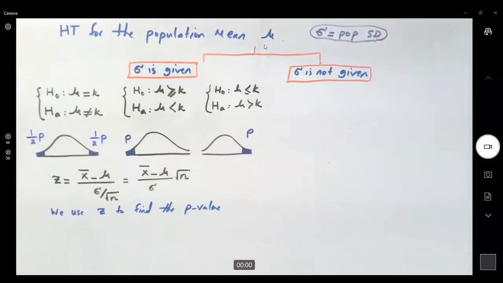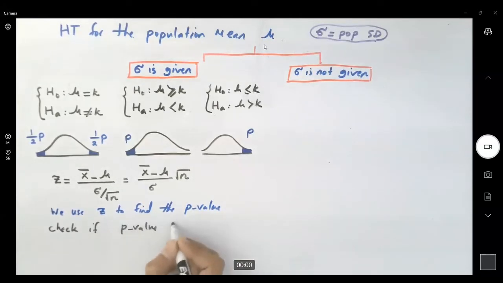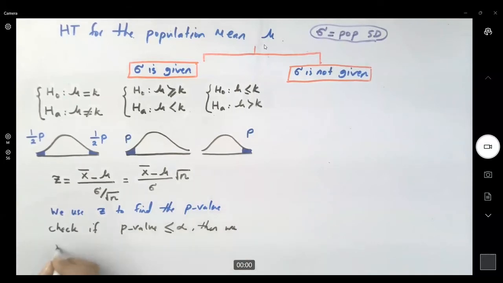Then in the next step, you're going to check to see if the p-value is less than or equal to alpha, the level of significance. Then we reject the null hypothesis.